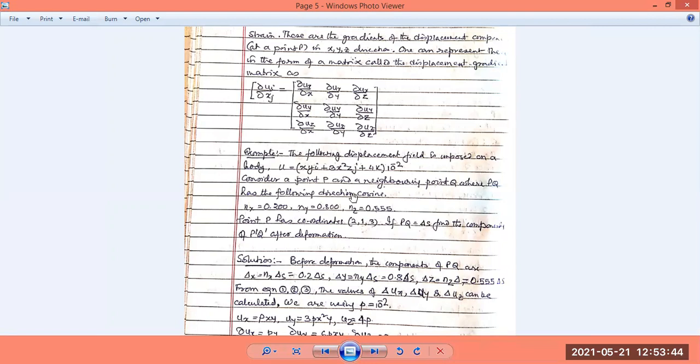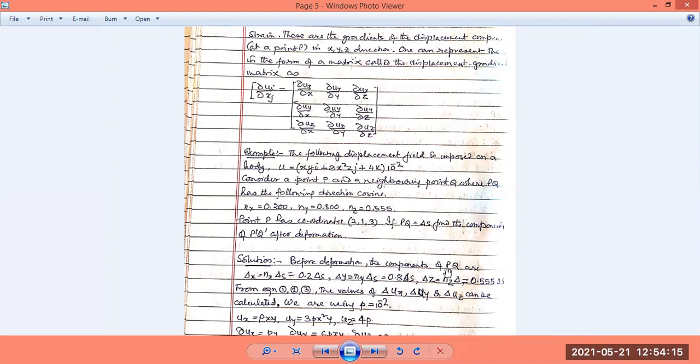Now we have the displacement field on the body, and we know the coordinates of the point P and the displacement vector P to P dash, ux, uy, and uz, and we are supposed to find the components of PQ after the deformation.